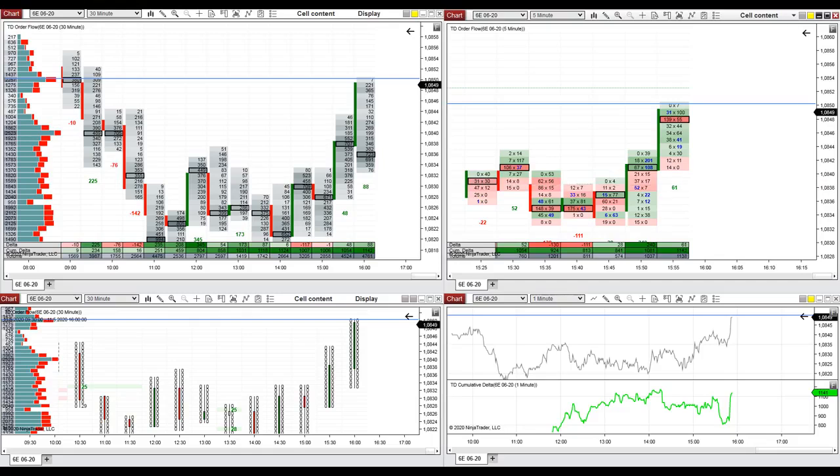And delta isn't everything. Remember that limit orders mess the delta up. Now, actually, I think that there could be limit orders jumping in here, selling limit orders. So watch this number. We had aggressive sellers in here.